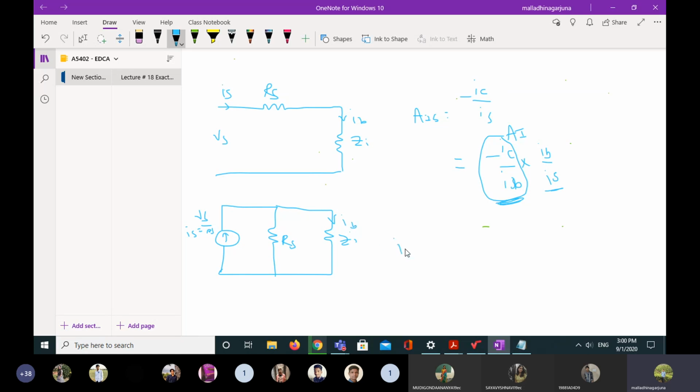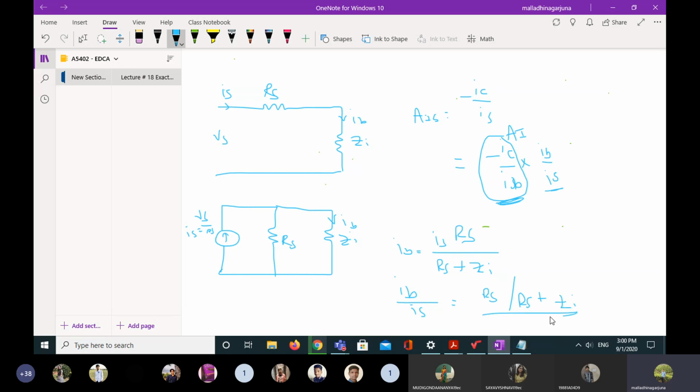From this, IB is equal to IS into RS divided by RS plus ZI. Therefore IB divided by IS is equal to RS divided by RS plus ZI. This is ZI, not HI.